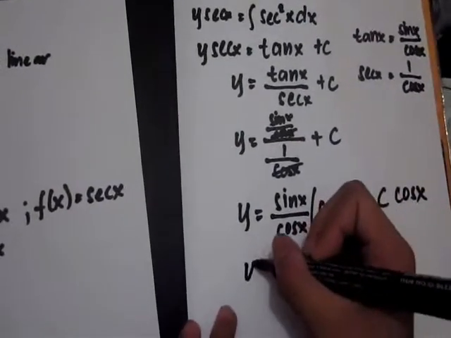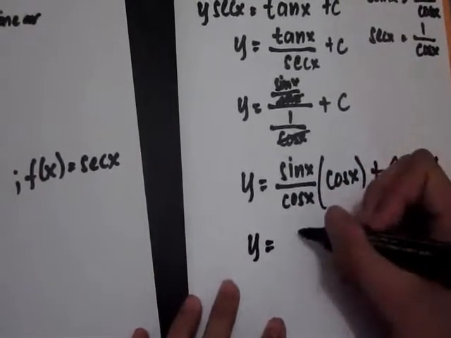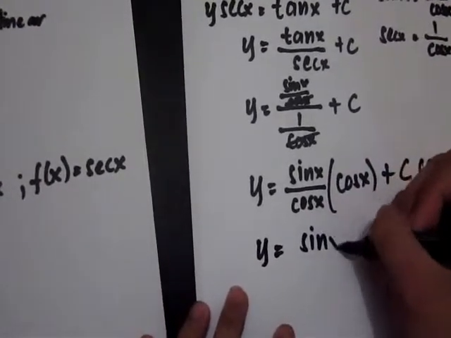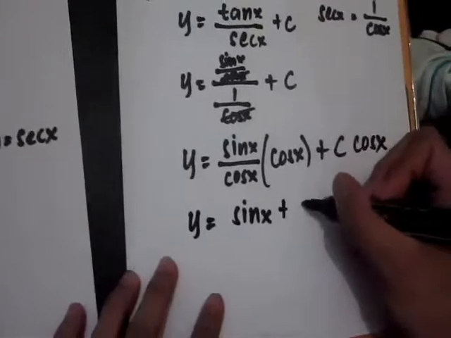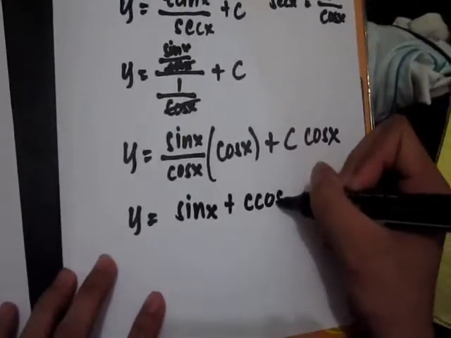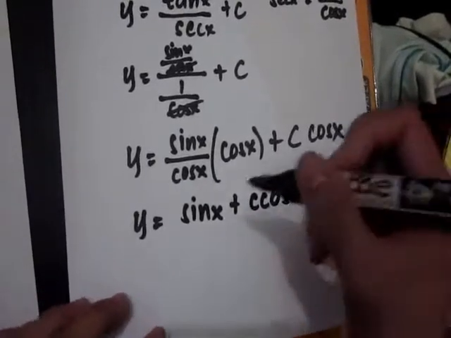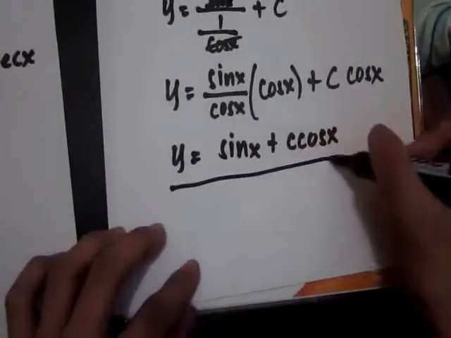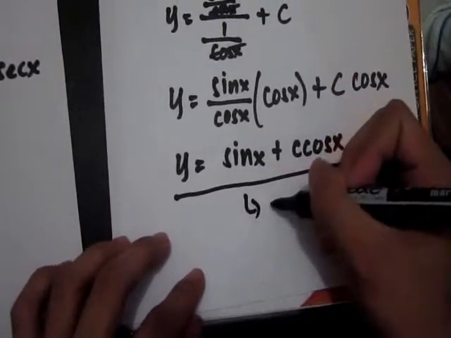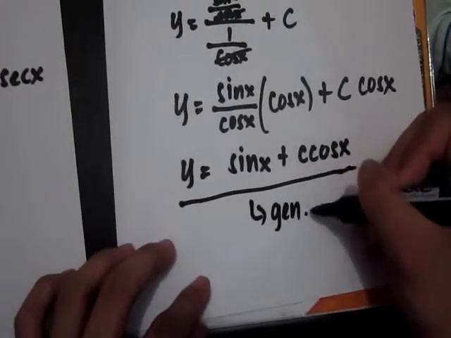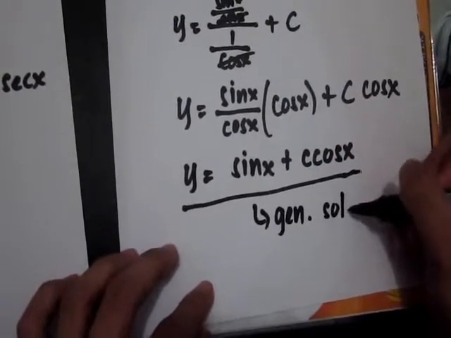So we will now get y equals sine of x plus c cosine of x. Now we have the general solution of this linear differential equation.